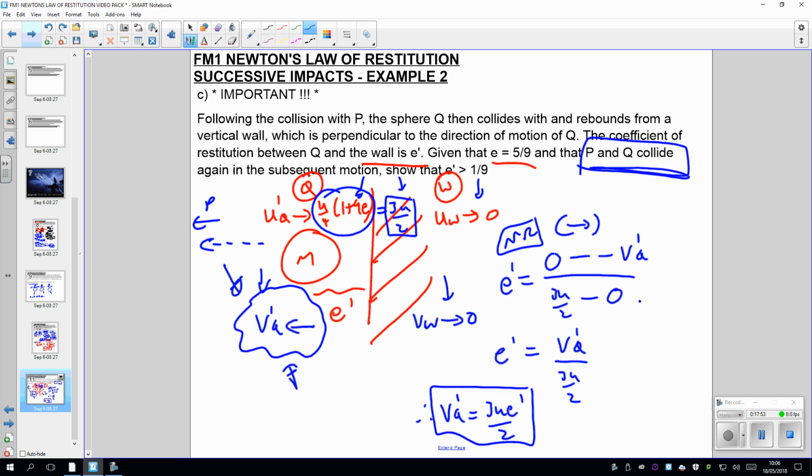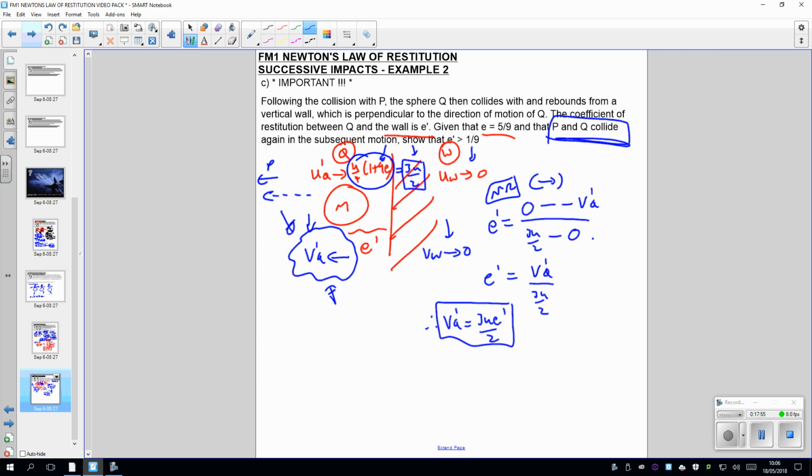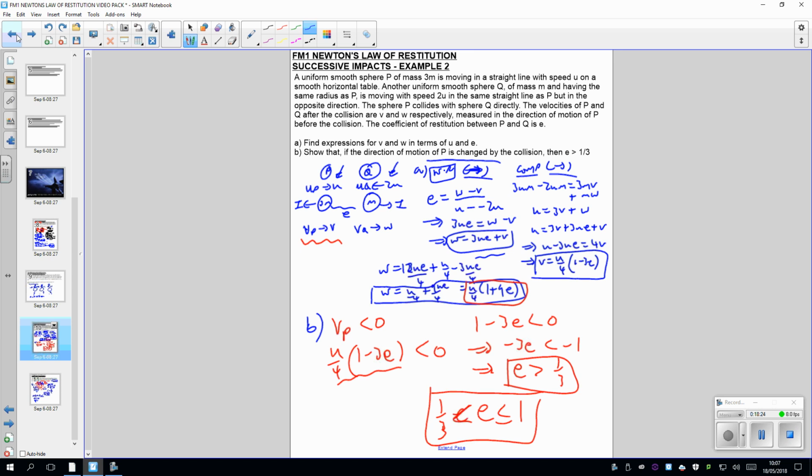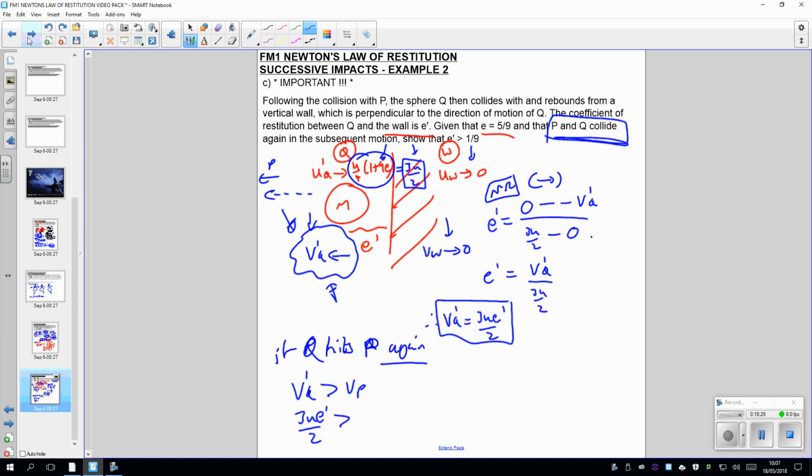Now, remember what we said. VQ prime needs to be bigger. So if Q hits P again, VQ prime must be bigger than VP, mustn't it? So we know VQ prime is 3U E prime over 2. And what is VP? I forgot. VP was U/4 (1 minus 3E). So let's put this to the side.